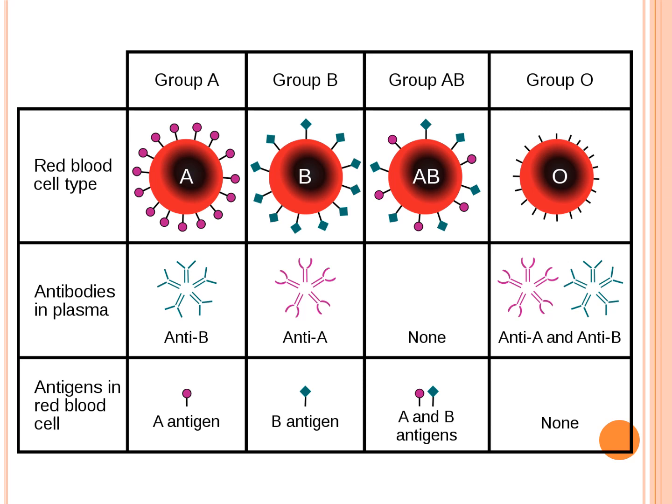So when you are telling antigen, antigen will be same as the blood group, but antibodies will be opposite to that. Group A has B antibody, group B has A antibody, group AB has no antibody, and group O has both antibodies.